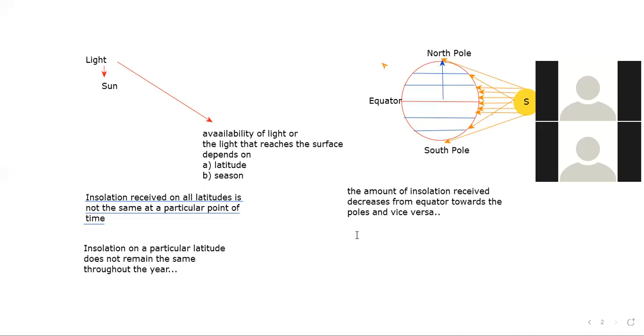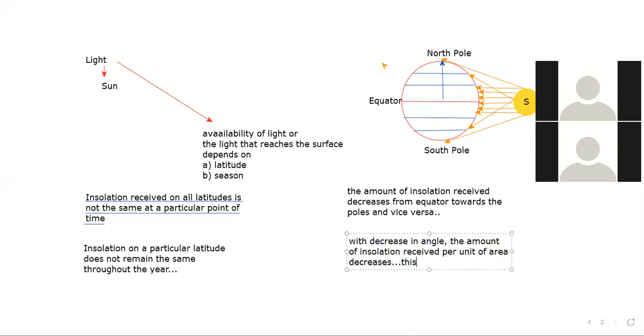And now what is next: with decrease in angle, the amount of insolation received per unit of area decreases.